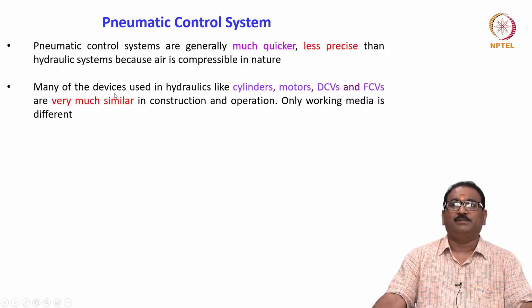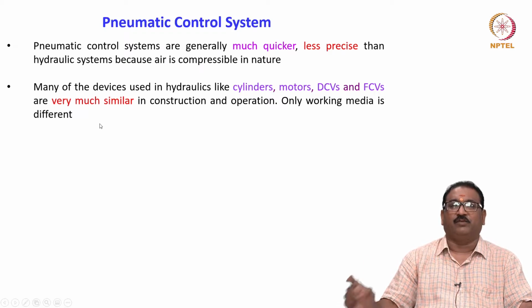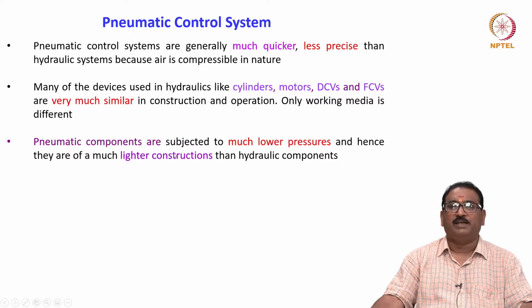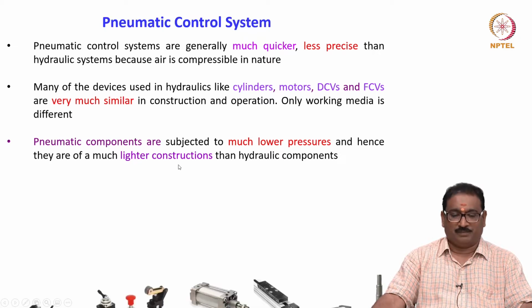Many of the devices used in hydraulics like cylinders, motors, DCVs, FCVs are very similar in construction and operations. Only the working media is different. In hydraulics, incompressible fluids; in pneumatics, compressed gases, generally air. Pneumatic components are subjected to much lower pressures and hence they are of much lighter construction than the hydraulic components.